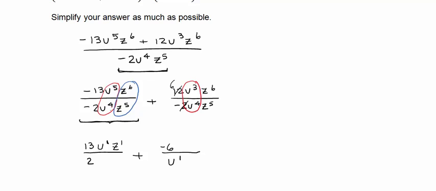So it's positive 1. And then again, let's do my z's. So I have a z to the sixth, z to the fifth. So z is going to stay up top, and I do the subtraction, and z to the first. So if I simplify it, I have 3uz over 2 minus 6z over u.